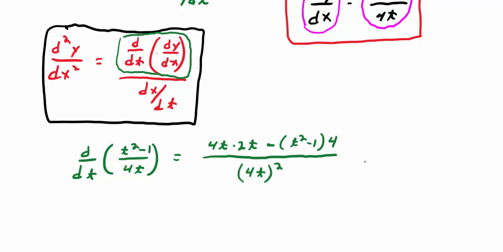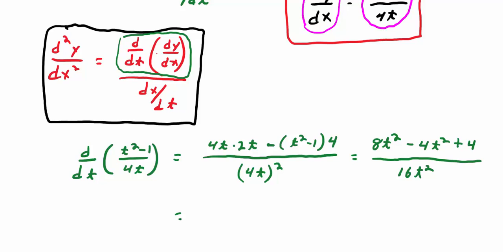Okay, so what do we get here when the smoke settles? I have 8t squared when I multiply 4t times 2t, and then distribute out the, it's really a minus 4 that you're distributing, right? So distribute out a minus 4, and what do you get? Minus 4t squared. What would you be adding on the end then? Plus 4. Okay, just seeing if you're awake. All over 16t squared.